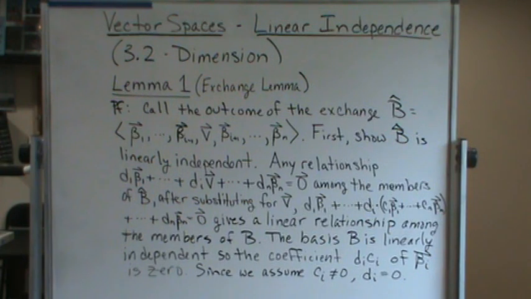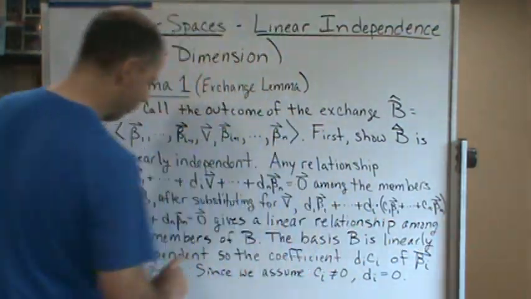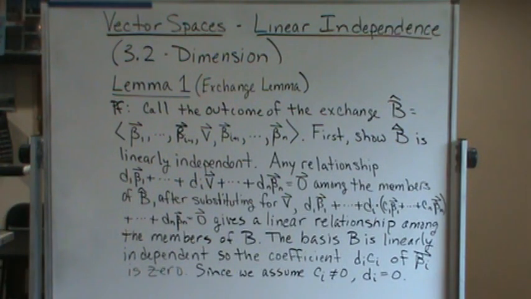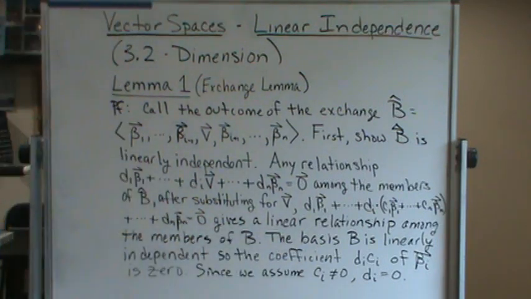Now if we use that up here, if we go back here and use that, we find that all the d sub i's, all the coefficient d's, are 0. And so therefore, beta hat is linearly independent. And that finishes the first part.